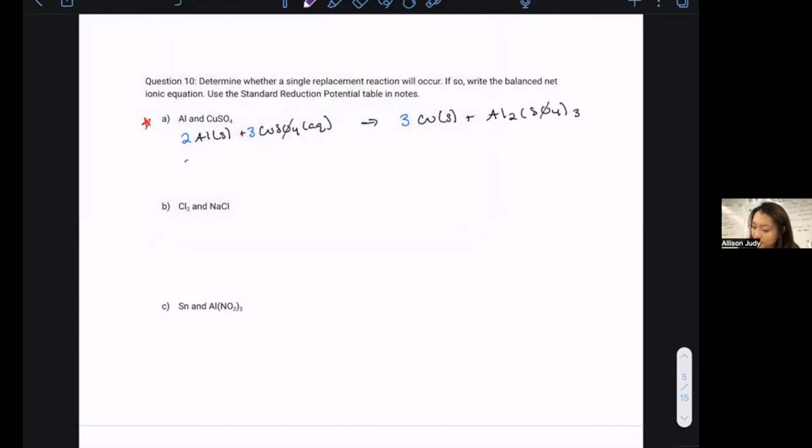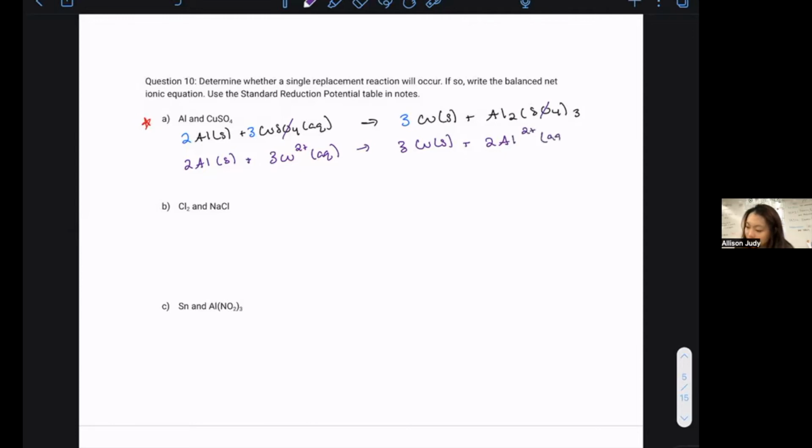And we see that it's 2 aluminum solid and 3 copper 2 pluses, right? Producing 3 copper solids and 2 aluminum 3 pluses.